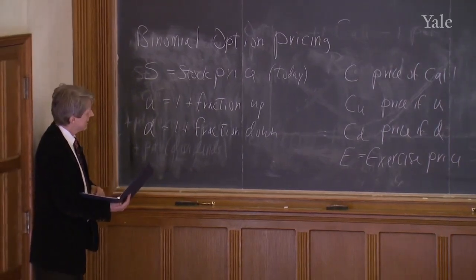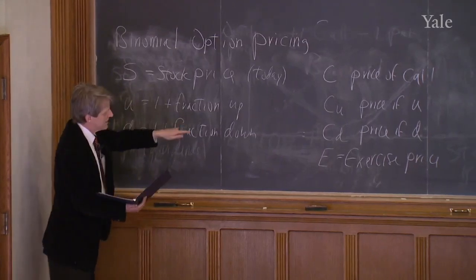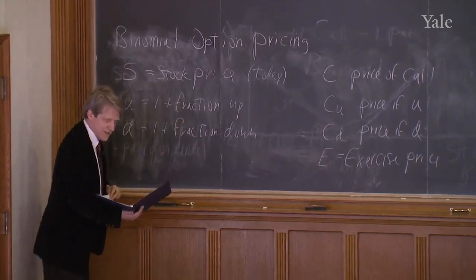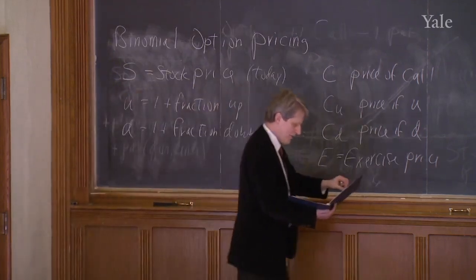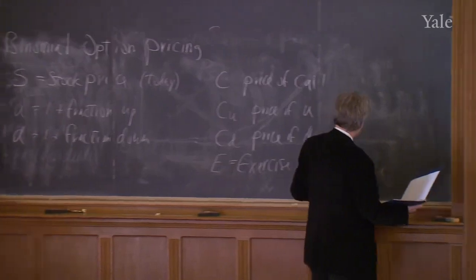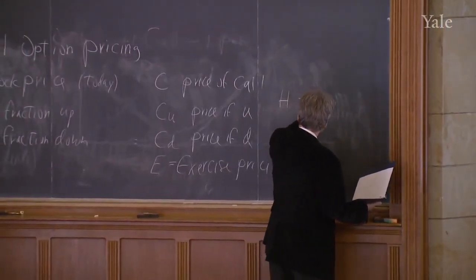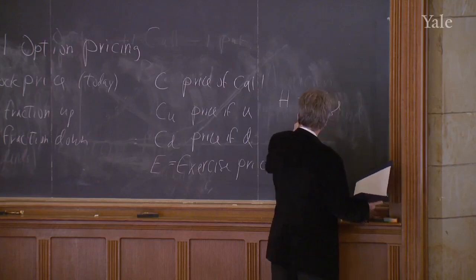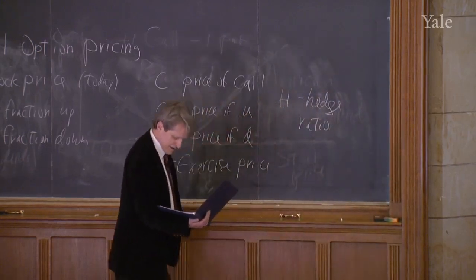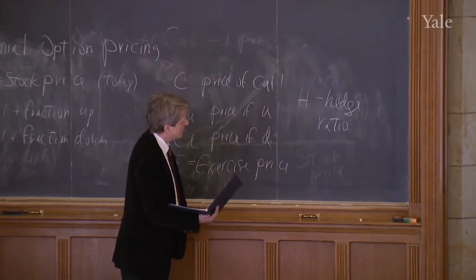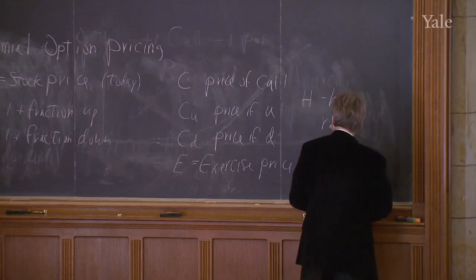Now, what I want to do is consider a portfolio of both the stock and the option that is riskless. H is the hedge ratio, which is the number of shares purchased per option sold.